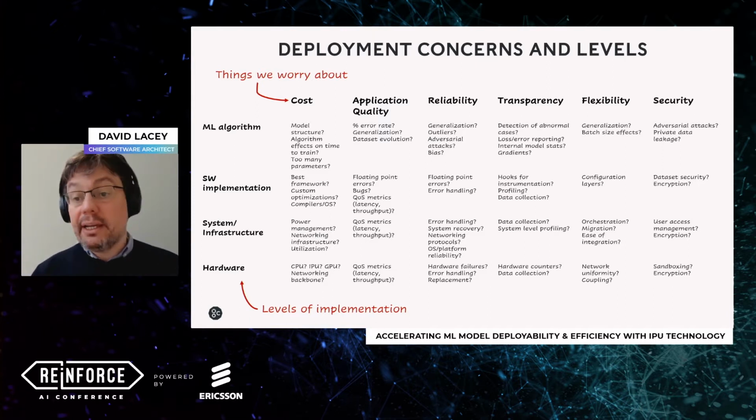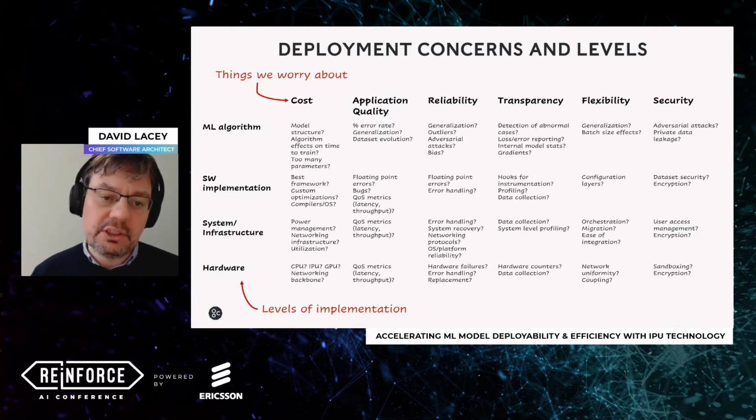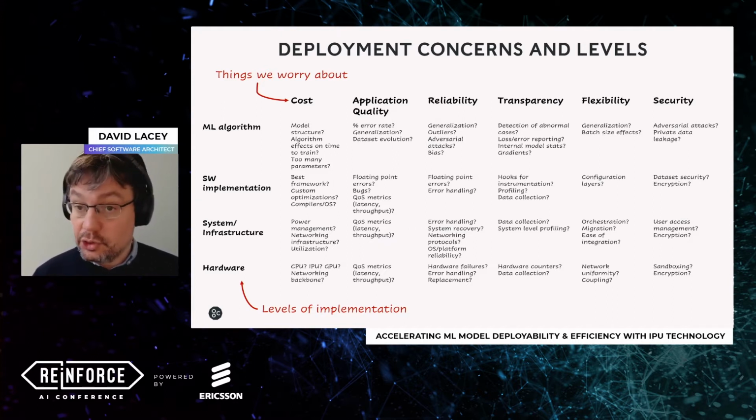So across a whole range here, we have many things to think about, and I don't have time to go into all of these. I just wanted to point out the vast range that we have to deal with in trying to put together a complete machine learning solution.